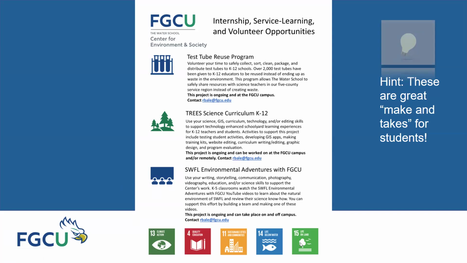You'll notice that they have sustainable development goals on the bottom here. It's really easy to read. Each of the needs is labeled with a brief description and then what type of project it is, if it's ongoing, where that location is happening, if the students can serve remotely or does it have to be in person, and then who the students should contact should they want to sign up for this service.